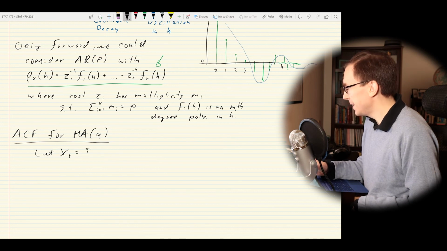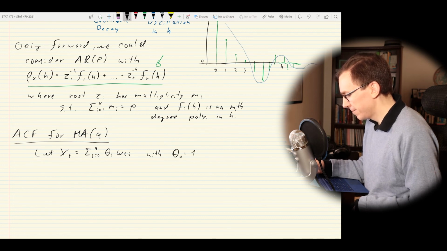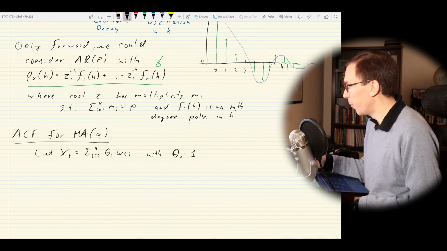x_t be the sum, j from 0 to q, of theta_j w_{t-j}, with theta_0 just equal to 1, right?